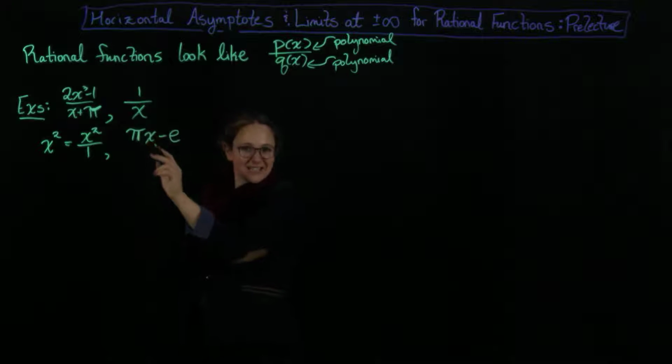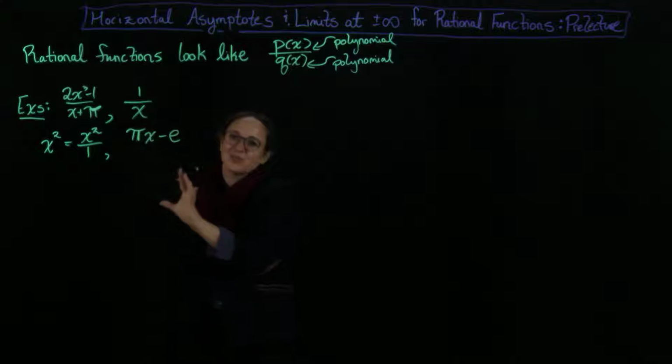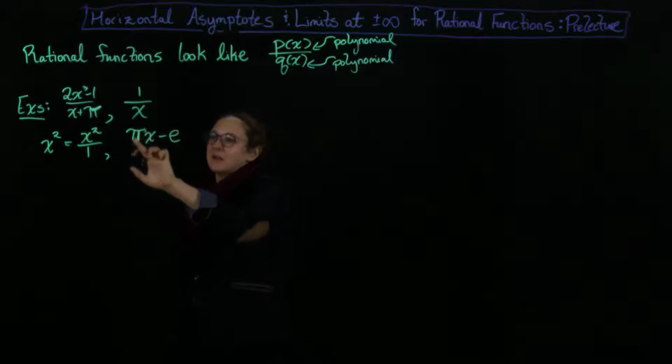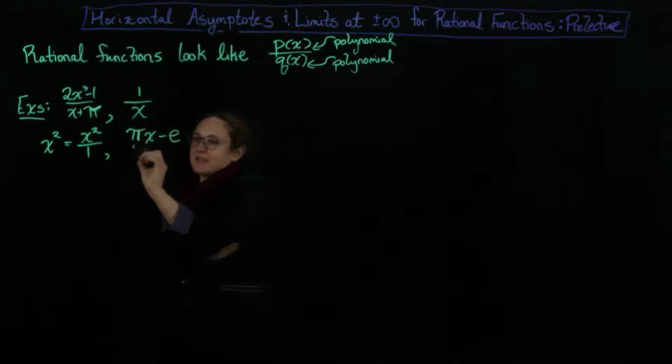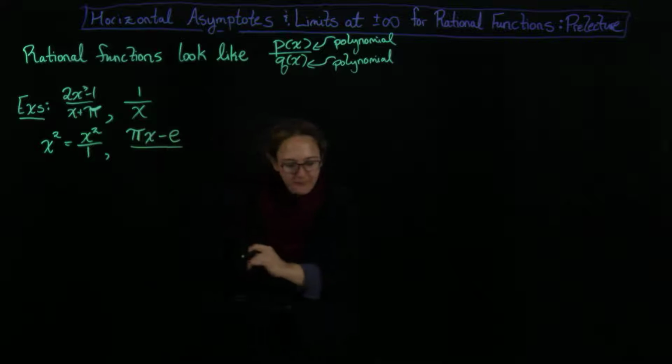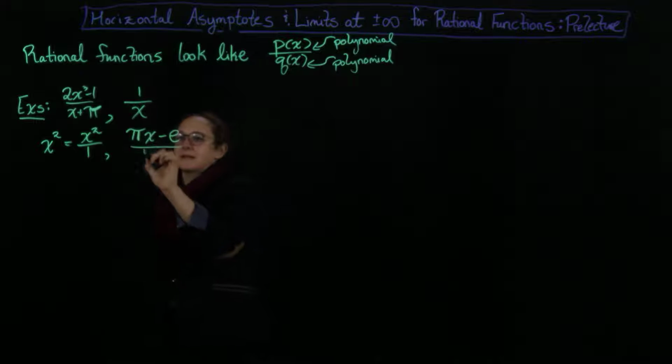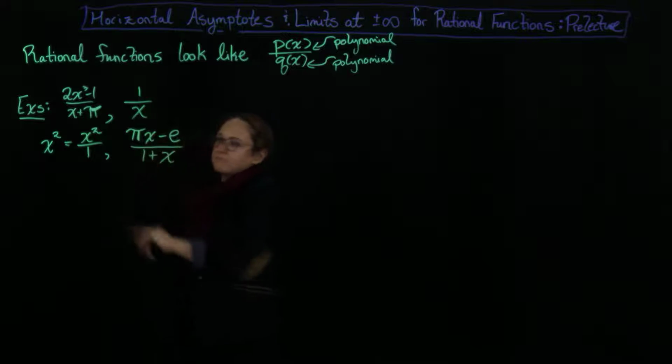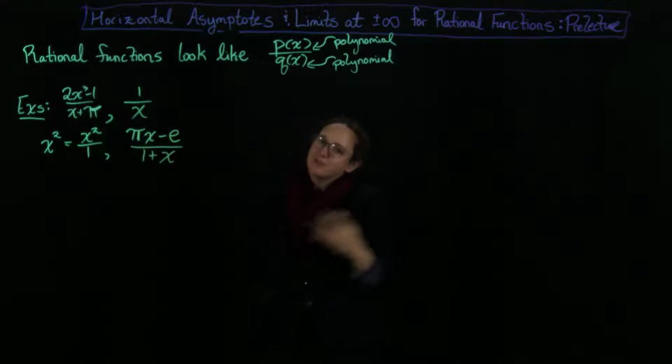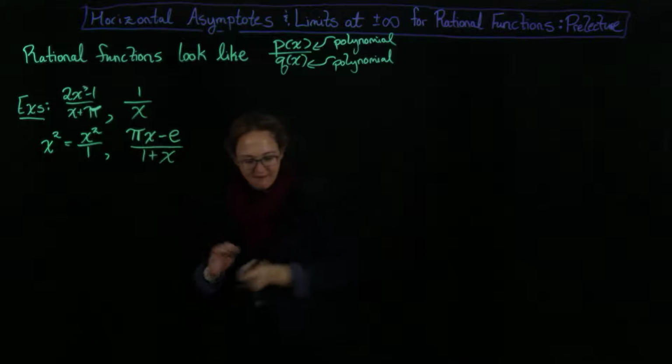If I had left an e there, this entire thing would have been a constant, which would have been okay, but I wanted to show something else. And then we have 1 plus x. Crazy stuff on top, crazy coefficients, totally okay.